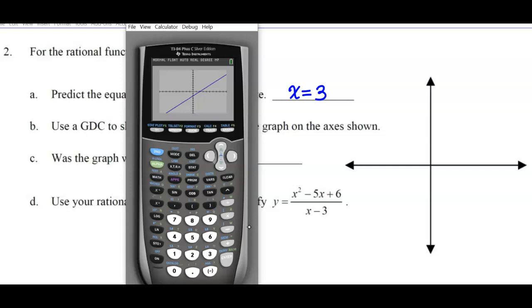So the y-intercept is negative 2. The x-intercept looks like positive 2. Looks like a line.